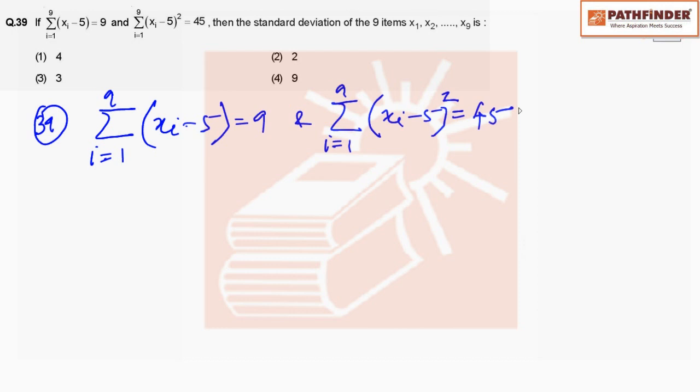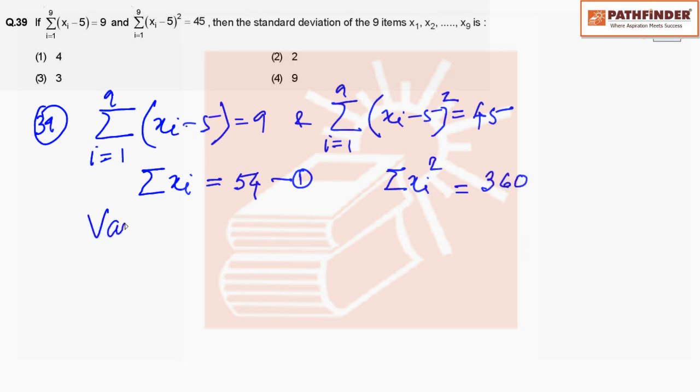So from these two equations, we are getting summation of xi equal to 54. This is number 1. And summation of xi square equal to 360. Now, what is the variance?